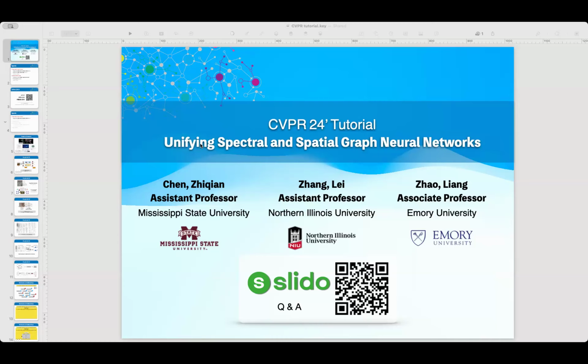Normally it's in the format of the node feature matrix. This is an N by D matrix, where N is the number of nodes in the graph, and D is the dimension of the features. And G is the convolution kernel, which you may be more familiar with. And this is the graph convolution operation.